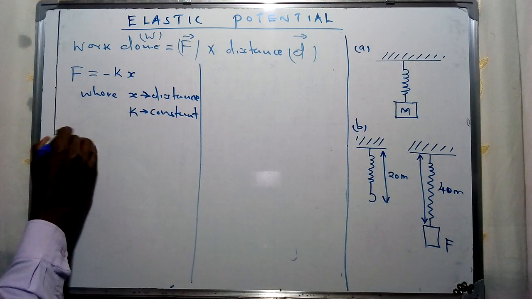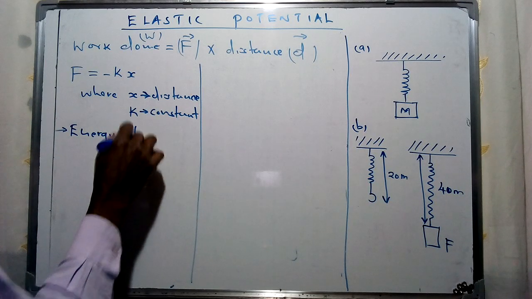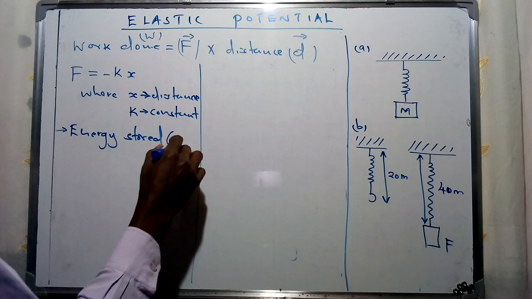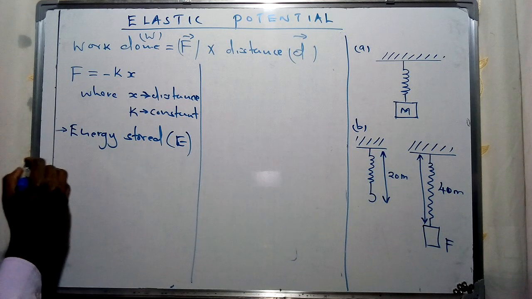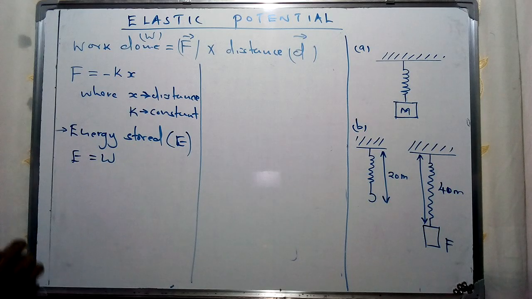The energy stored is equivalent to the work done in stretching the spring from its initial position. So we have the energy stored, E, equivalent to the work done in stretching this spring.